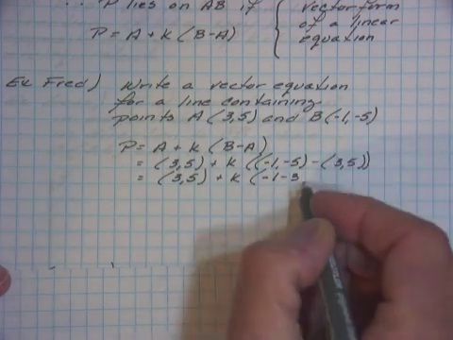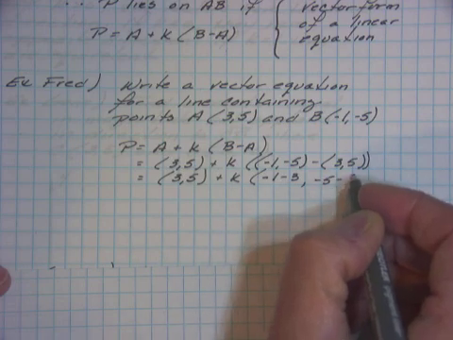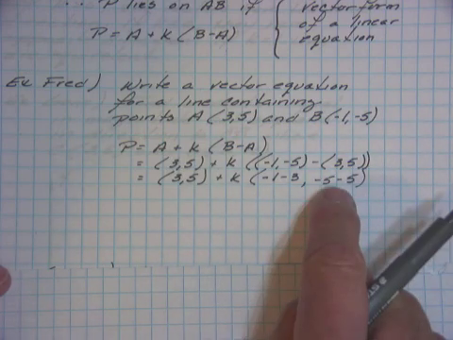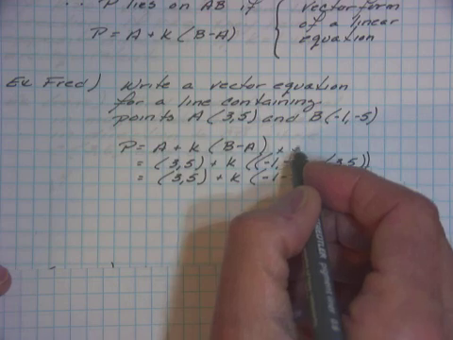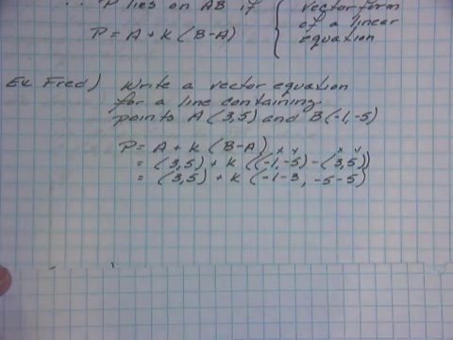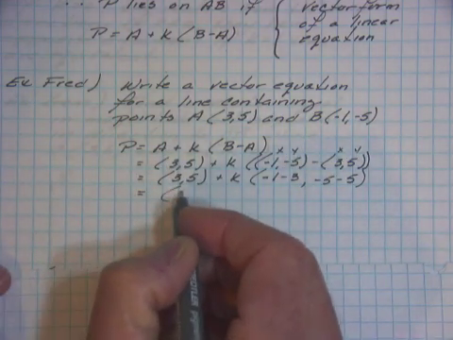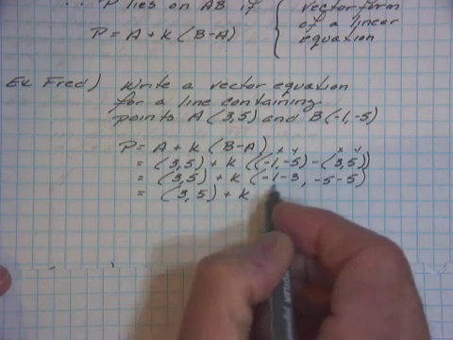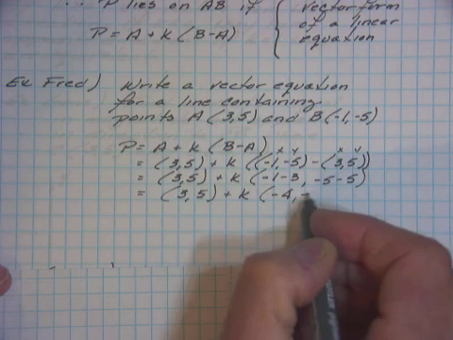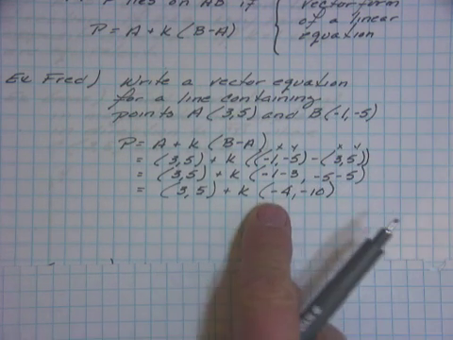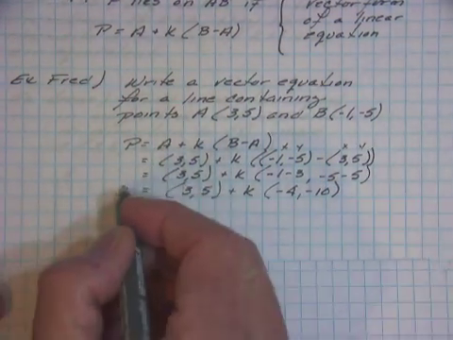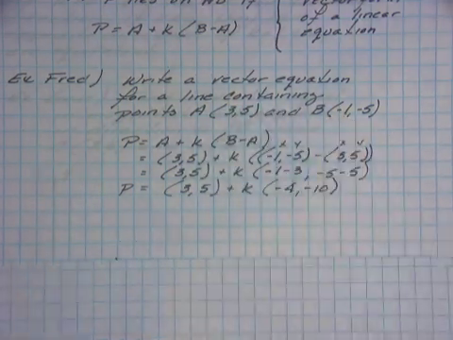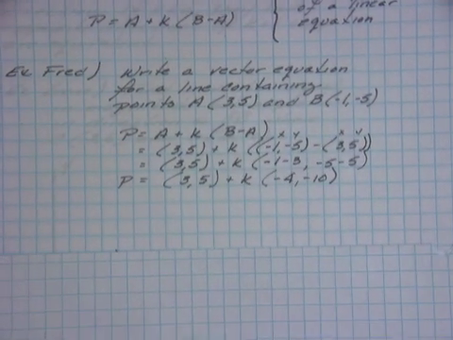Those are the two x values, comma, -5 minus 5. Those are the two y values, because remember, this is an x and a y, an x and a y. Simplify that. You've got 3, 5 plus K times -4, -10. And there it is. That's the equation of the line that goes through those 2 points.